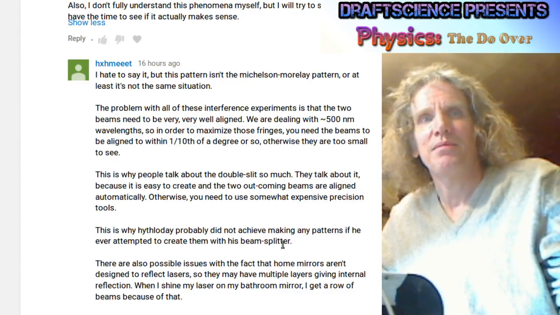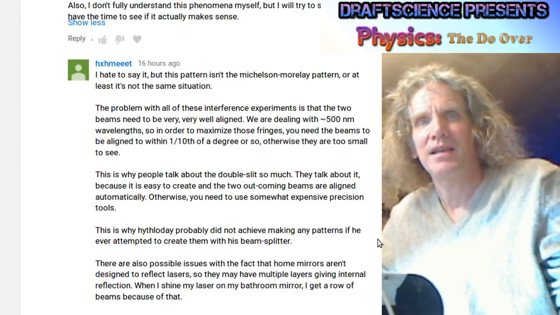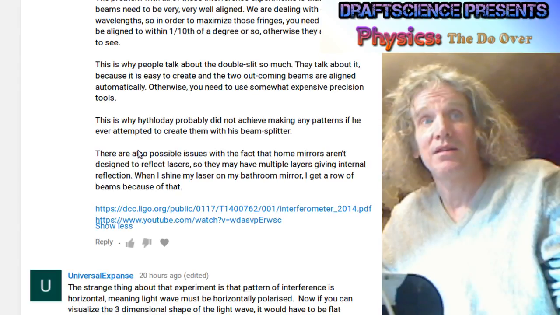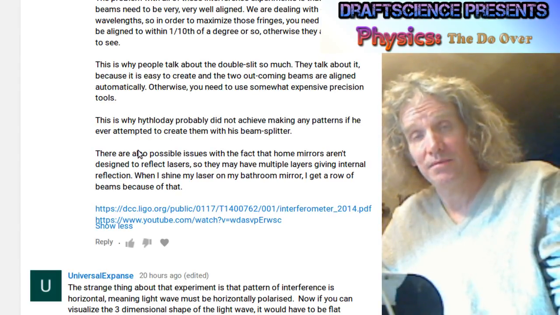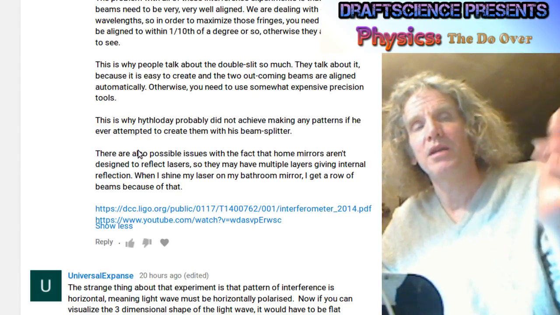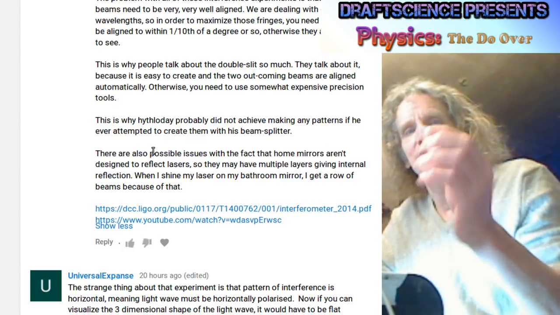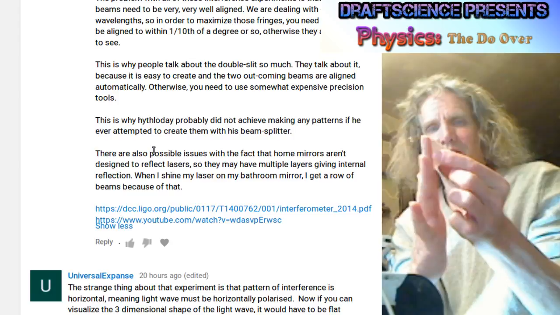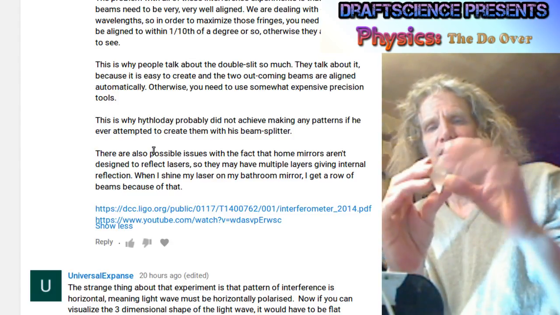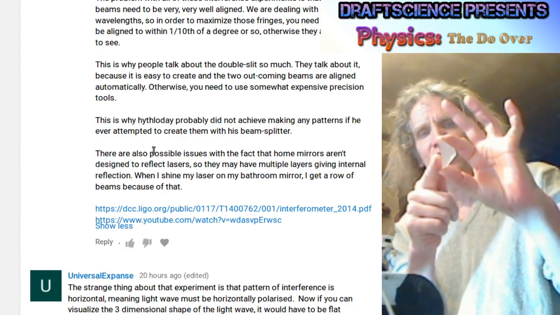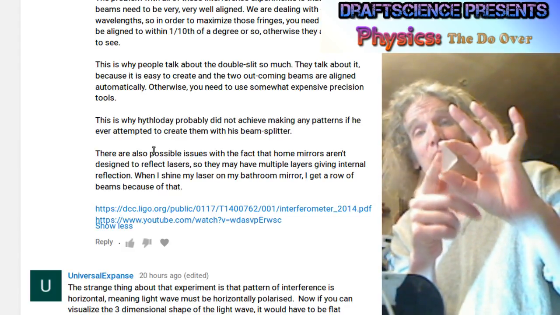This is why Hathaway probably did not achieve making the pattern, if he even attempted to create them with his beam splitter. Yes, well, obviously he decided to no longer participate after purchasing said cube splitter. So his type would be two of these glued to each other. That's the traditional, the most used kind, these cube style. And the glue is actually the particulates.